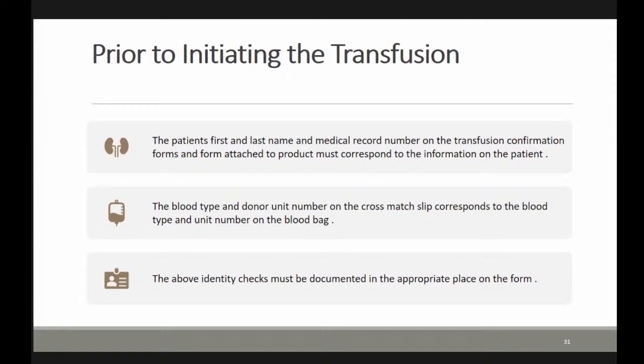The blood type and donor unit number on the cross-match slip should correspond to the blood type and the unit number on the blood bag. The above identity checks must be documented in the appropriate place on the form. So we have several verifications going on just to ensure patient safety and that there is no mistransfusion or transfusion errors between the transfusion unit and the ward.